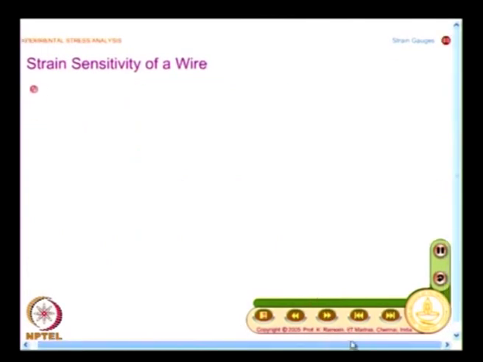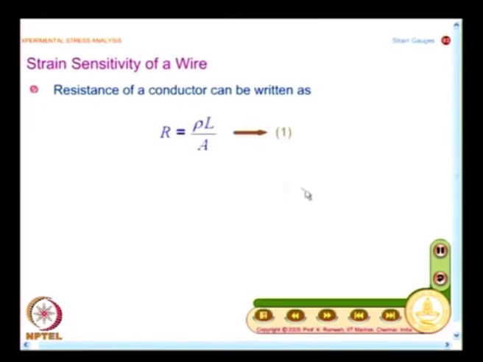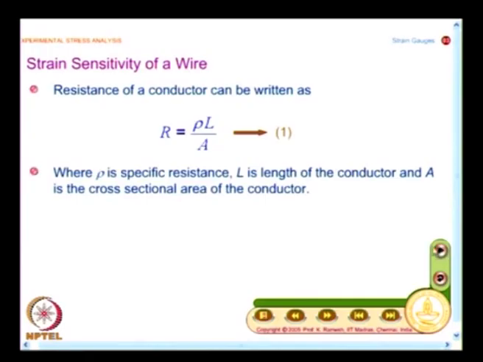And now, we will have to look at mathematically how we proceed. This is done in your high school physics. Suppose I want to know the resistance of a conductor. It is defined as rho L by A, where rho is the specific resistance of the material, L is the length of the conductor, and A is the cross sectional area.